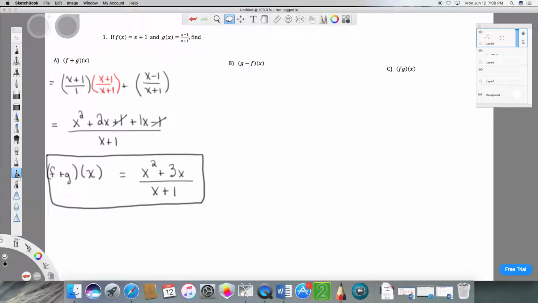Let's come in and work with part B now. In part B, I kind of want to do the same thing, because instead of addition, I have subtraction. So with this function g, oh, wait a minute, they've changed the order.